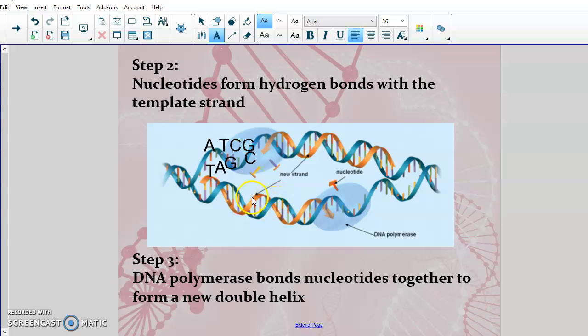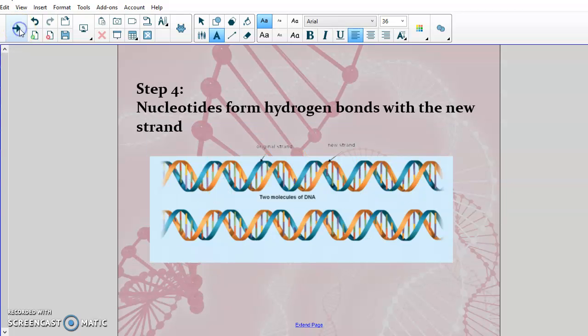So now you can see that the new strand is a gold color and the old strand is a blue color. What we're getting is two exact copies of the DNA, each copy with an old strand and a new strand attached to it. So step 4 is the nucleotides form hydrogen bonds with the new strand, and you have two molecules of DNA that are exactly the same.